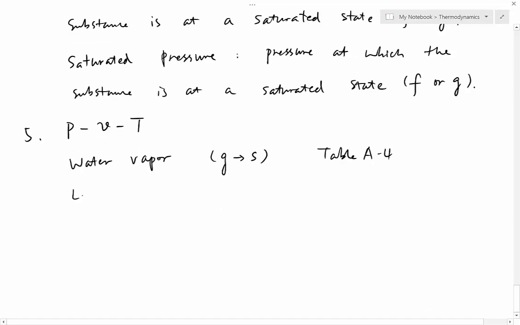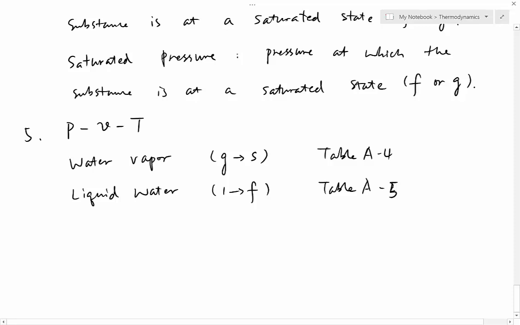And then if you deal with liquid, 1 to F, subcooled liquid to saturated liquid. Okay, if you deal with liquid water, that's usually table A5.